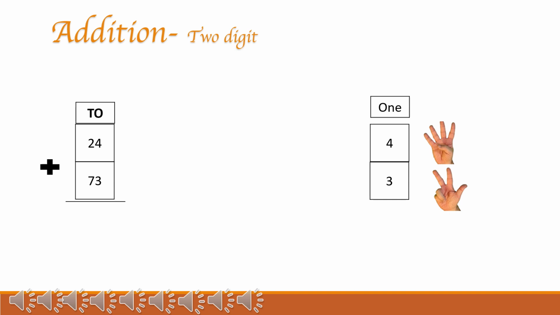So we will add 4 and 3 first. For 4, open up 4 fingers, and for 3, open up 3 fingers. The greater number is 4, so we'll do the forward counting from 4. Now keep folding your fingers. So first finger will be 5, second will be 6, and third will be 7. So 4 plus 3 will be 7.